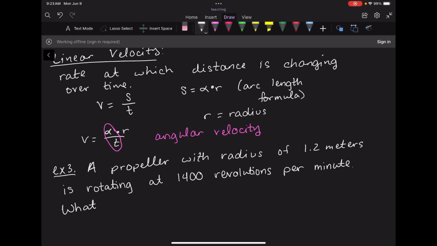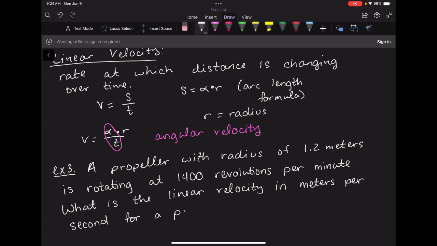What is the linear velocity in meters per second for a point on the tip of the propeller?